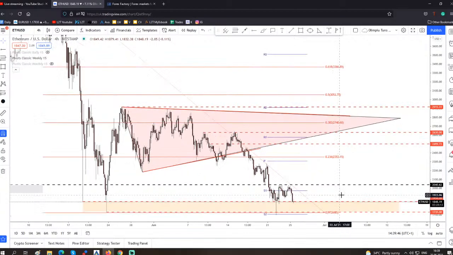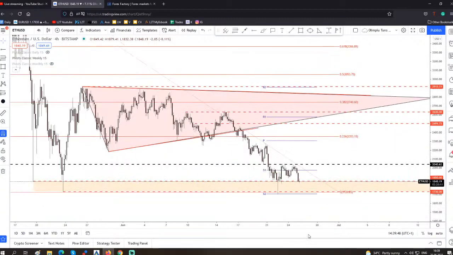and we could try to identify new buying opportunities, new long opportunities, and I really believe that maybe something like this. So we have here something like a downtrend line, and if the price of Ethereum makes a valid breakout, a new higher high here, then it could jump higher.